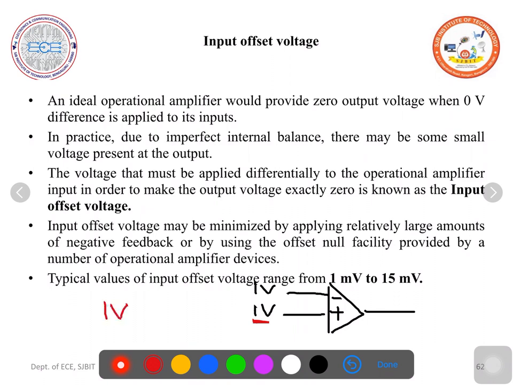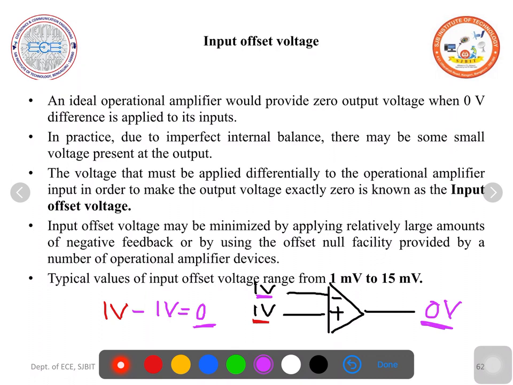Suppose I apply 1 volt here and 1 volt here. This 1 volt I am applying to the non-inverting terminal, and this 1 volt to the inverting input terminal. So 1 volt minus 1 volt, this is 0 volts. This operational amplifier is a differential amplifier which amplifies the difference between these two input signals.